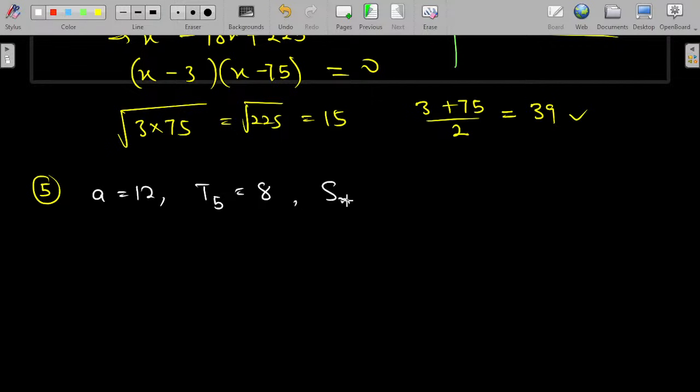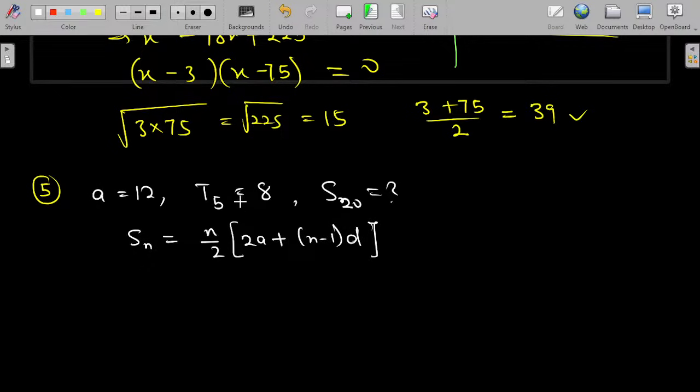That means we are looking for Sn, where our n in this case is 20. Recall that Sn for an arithmetic progression is equal to n over 2 into the bracket of 2a plus n minus 1 times d.